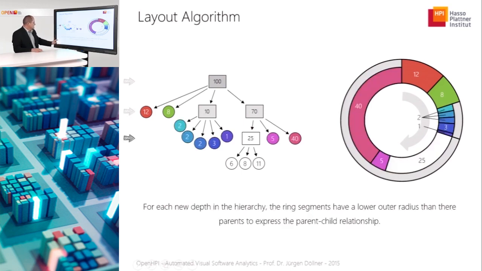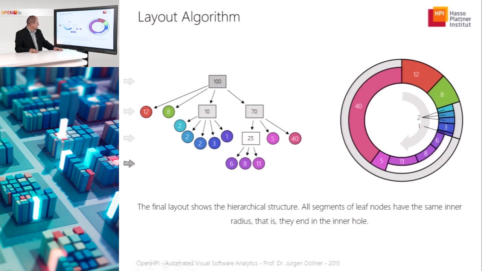This is done next, where we split them too. We get these small segments for these leaf nodes having a small weight. And also this subtree is recursively split. One subtree is missing. This is done right now.